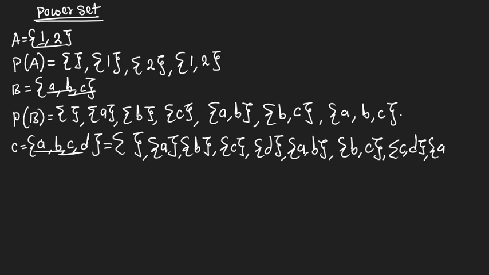So this is going to be A, B, C, D. Then you are done for everything. That is exactly how you combine everything when you are dealing with a power set. Okay? That is quite simple for you to understand.